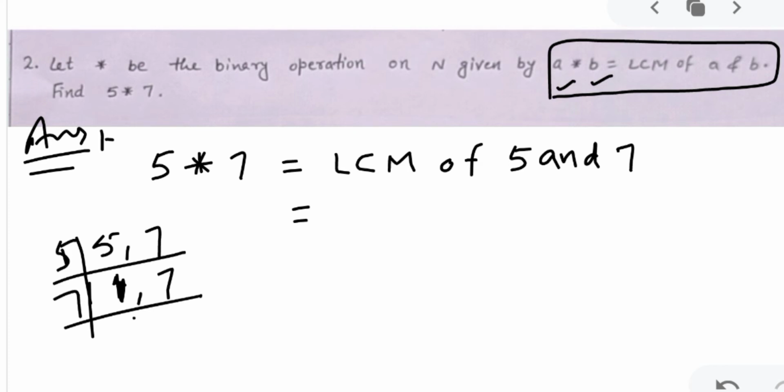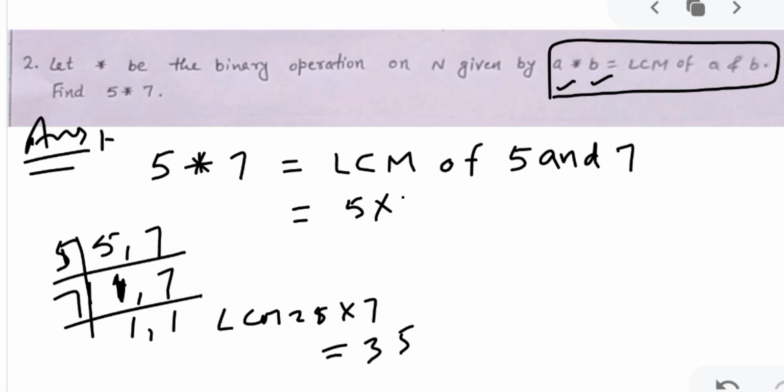Then LCM will be 5 into 7, that is 35. So LCM of 5 and 7 is 5 into 7, that is 35, which will be our answer. This is the 1 mark question we are discussing. So the second question is clear.